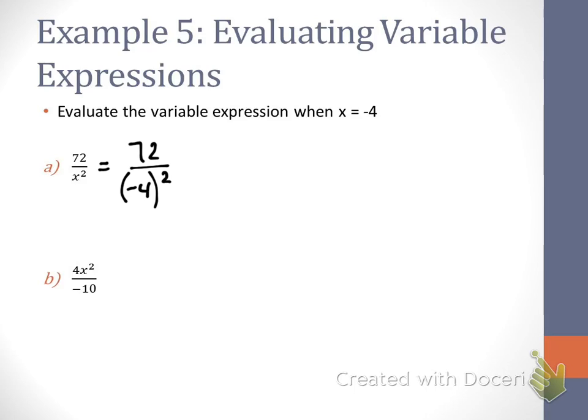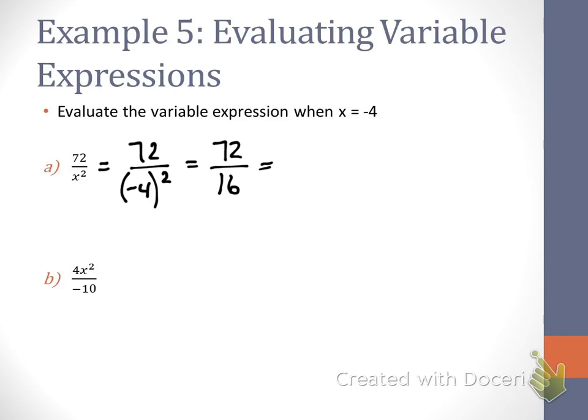Otherwise, it would be -4 times 4. So the parentheses are important. -4 times -4 is going to be what? Positive 16. Why is it positive? Because that's 2 negatives.